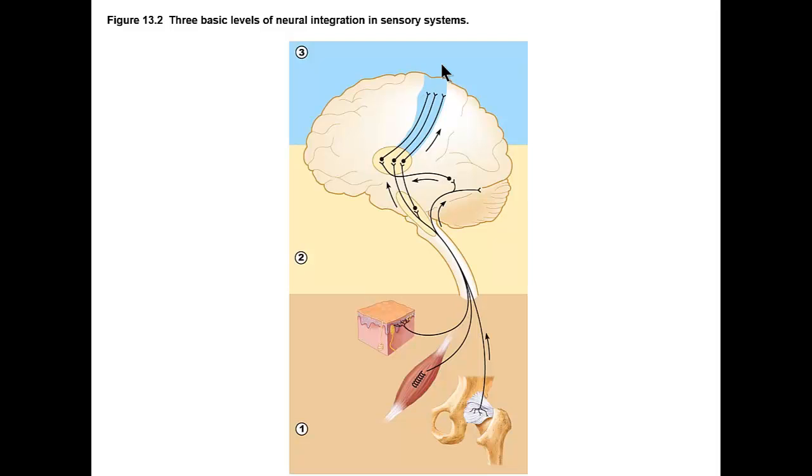So where is that occurring? Where are graded potentials occurring in this diagram? Graded potentials, right, in number 1, down here. This is where the graded potentials are occurring, down in these dendrites. And then, where is the action potential generated?